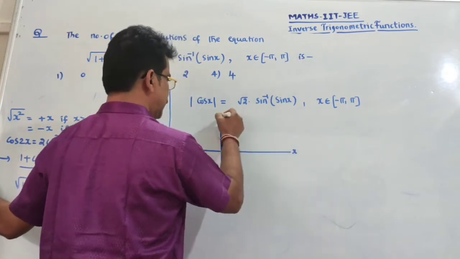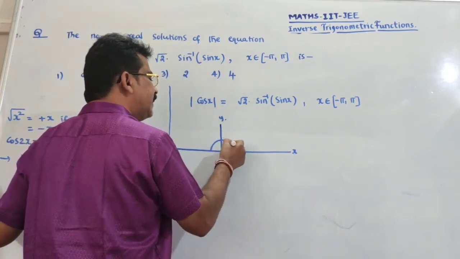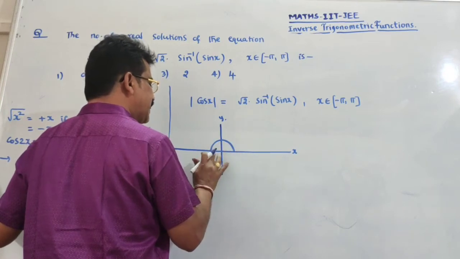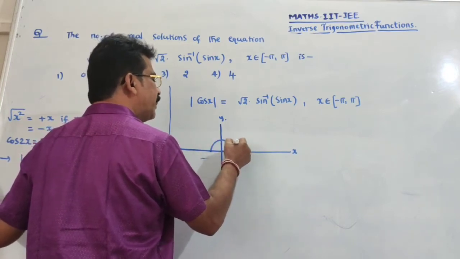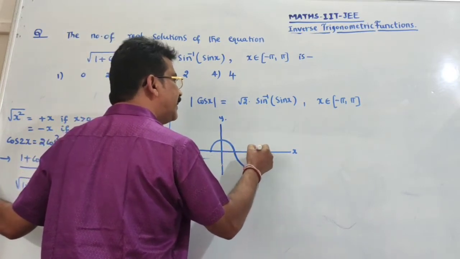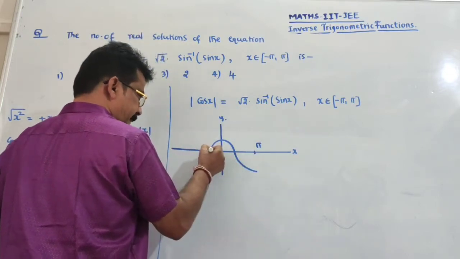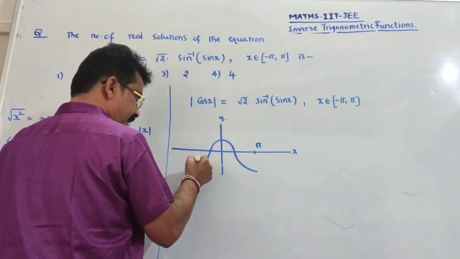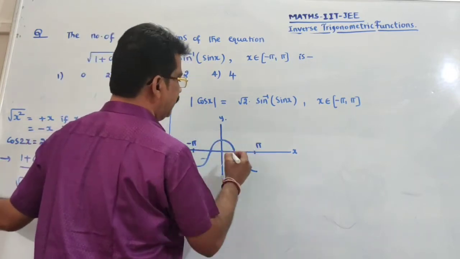X axis, y axis. The cos x graph: this is minus pi by 2, this is plus pi by 2, then pi by 2, 2 pi by 2, so it goes up to pi. So it is minus pi to plus pi.